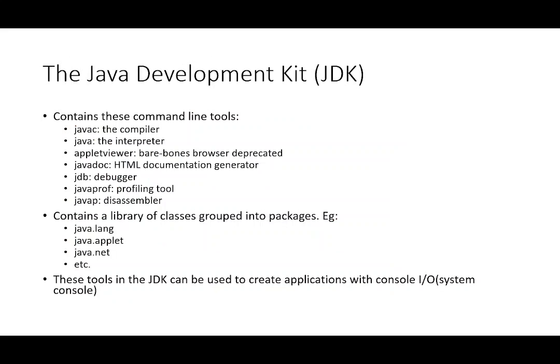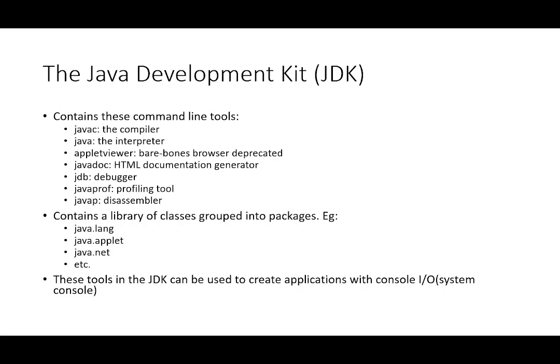So, more detail on the Java Development Kit. It contains javac, which is the compiler, java, the interpreter, and appletviewer. It's a bare bones browser, but it has been deprecated. We'll be going into a bit more detail on what that is shortly.